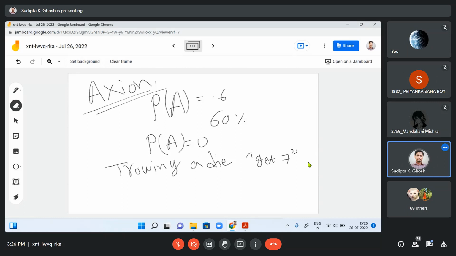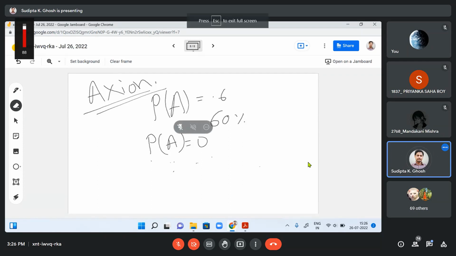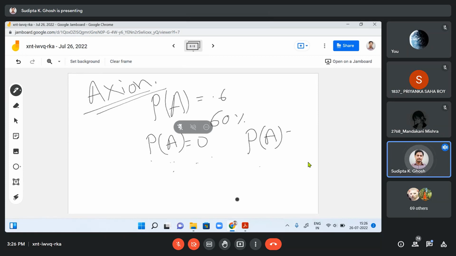So therefore, if I am writing P of A is equal to 0, that means it's an absurd event or impossible event. That cannot be possible. If I am writing P of A is equal to 1, that means 100%. Probability of A is 1, therefore the event A is going to happen surely or definitely.